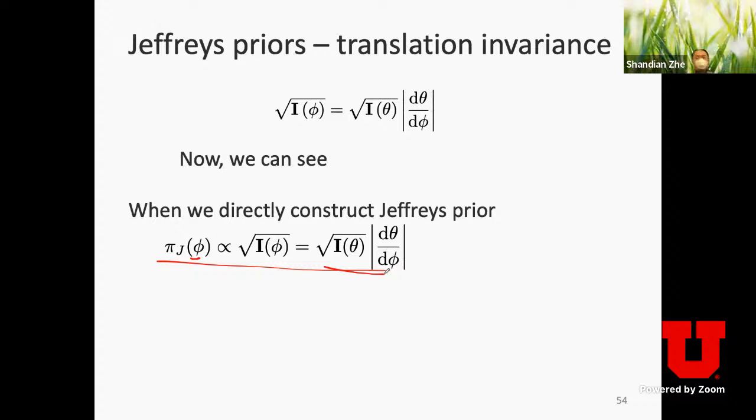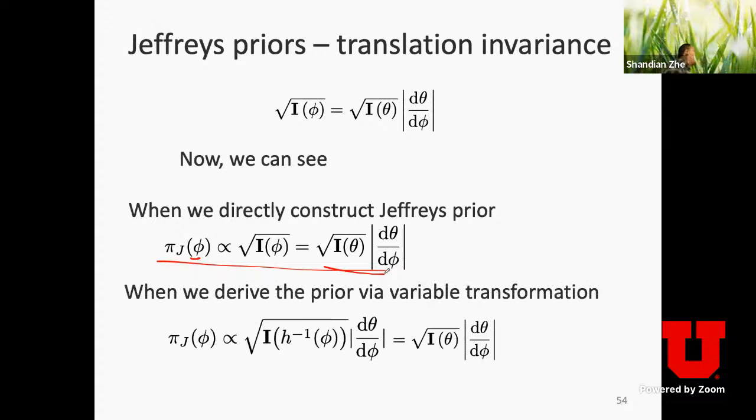So now let us do this in another way. We just construct a Jeffrey prior over theta, meaning that the prior of theta is proportional to the square root of the Fisher information of theta.